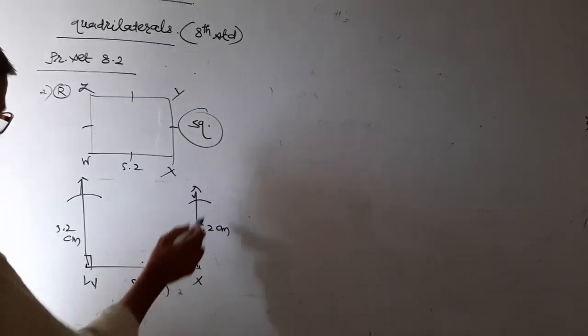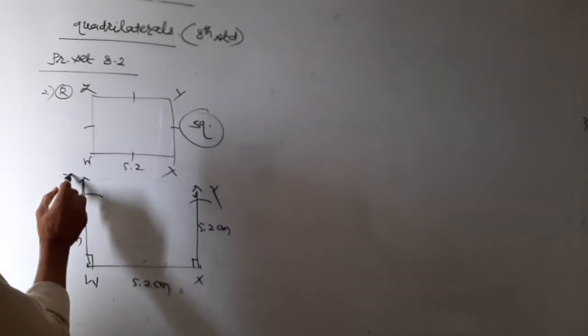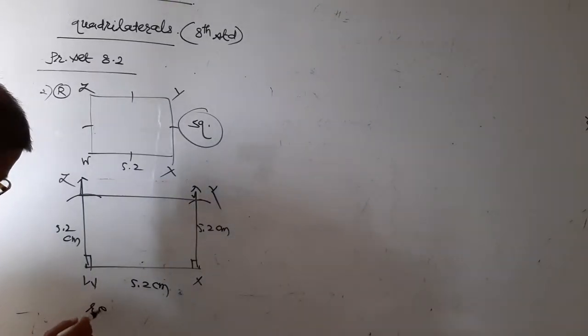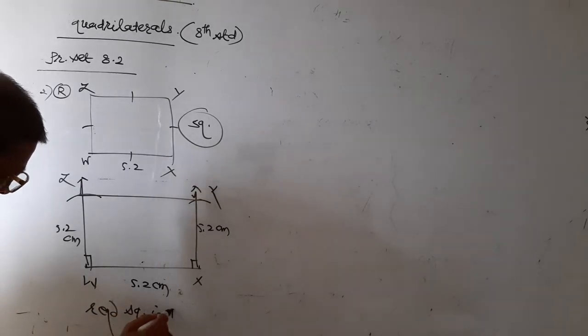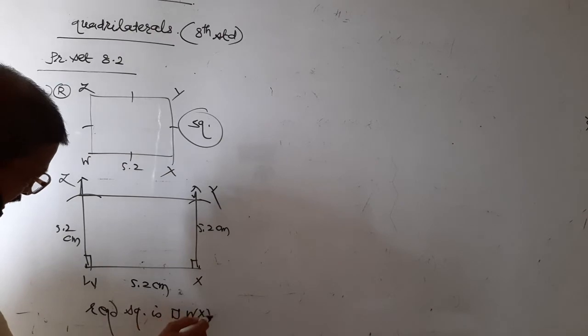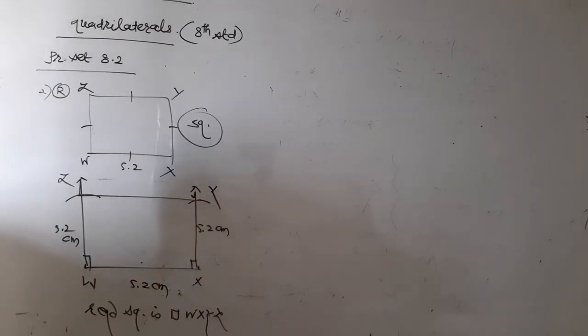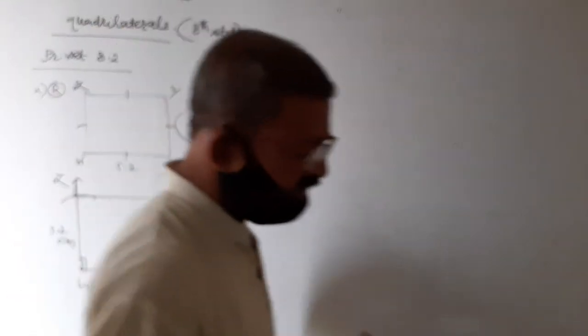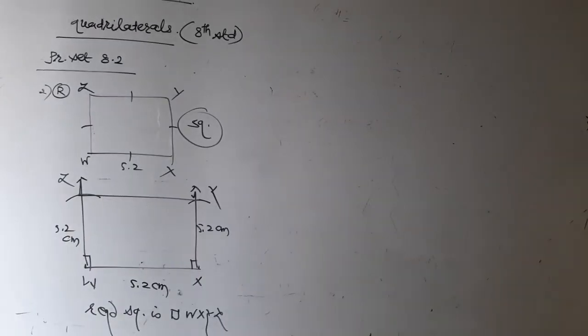This is W, X, Y and Z. So join this. So the required square is quadrilateral WXYZ. So in this way, rectangle and square, both we can draw as we have seen here.